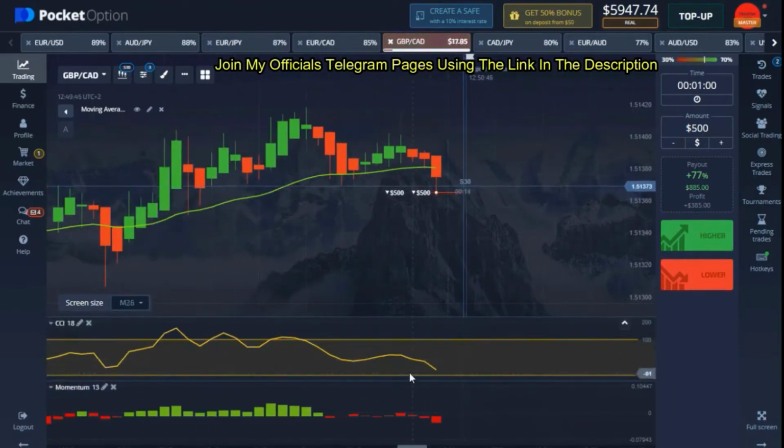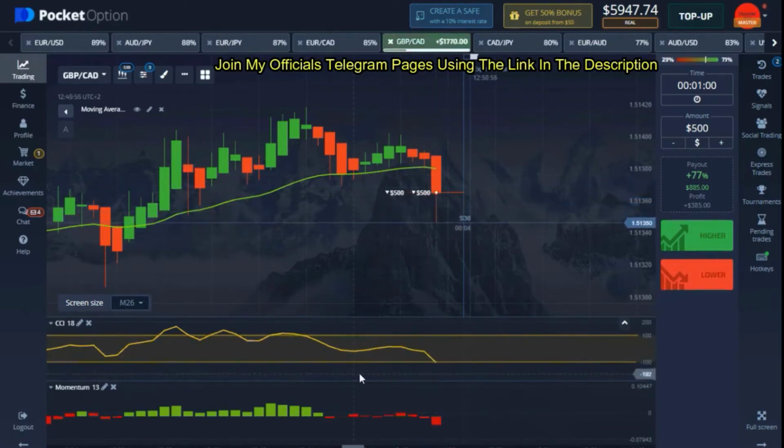So as you can see, our CCI is actually really dropping, but this time around, since we are taking the trade to come down, we need to have the CCI very close to the oversold level, like this, the down line here. As you can see, the CCI is actually dropping in a straight line, right? But right now, when it actually hits, it actually bent here. But before you enter a trade, make sure that the CCI is actually on a straight line, following the trend.